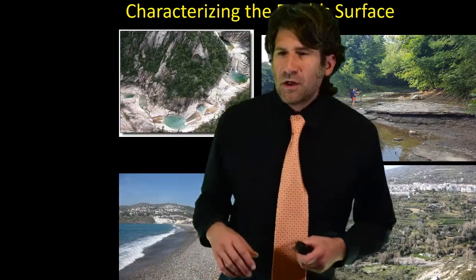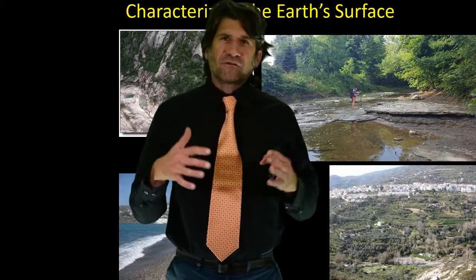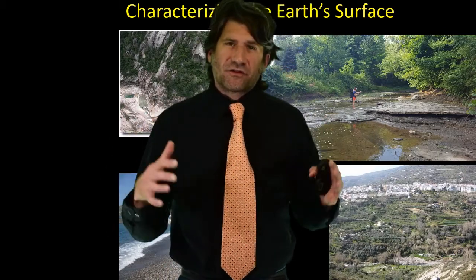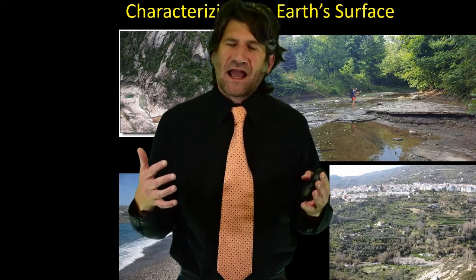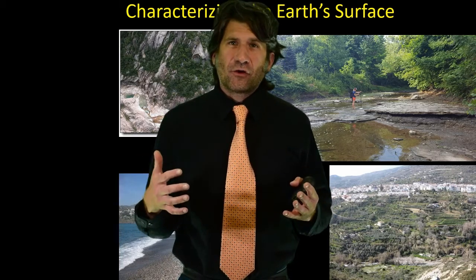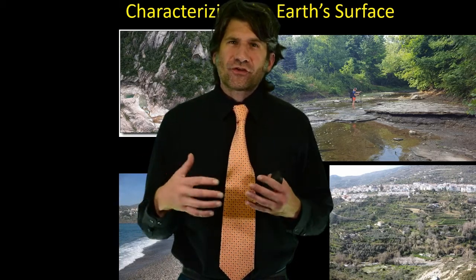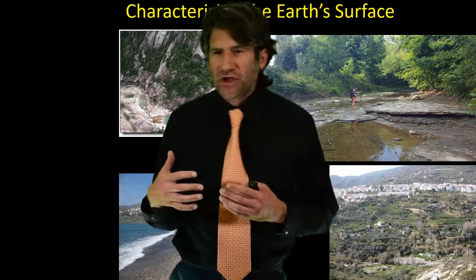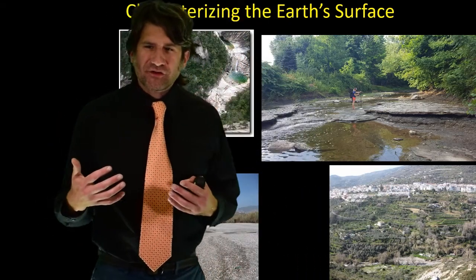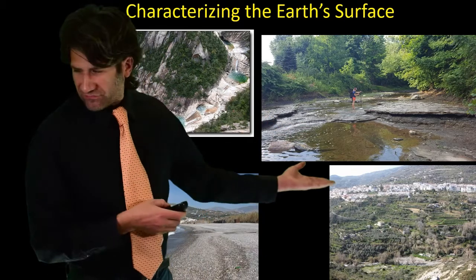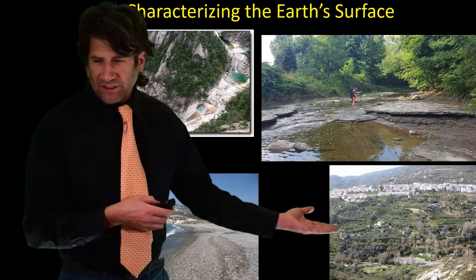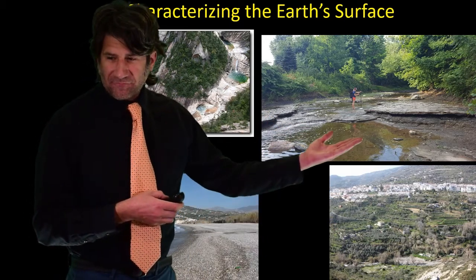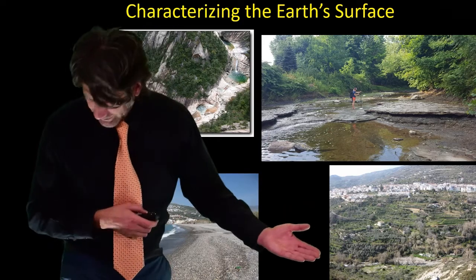There we go. So there's lots of different types of topographic environments at the Earth's surface. And so the tools you use are going to change based on what you're trying to measure and how accurately you're trying to measure that. So here we've got some examples of different types of topographies and landscapes.